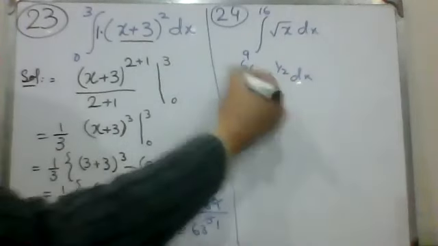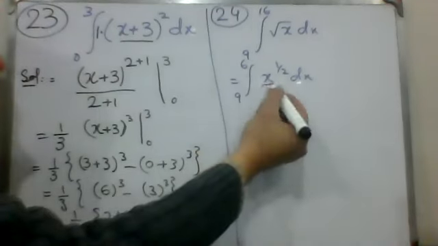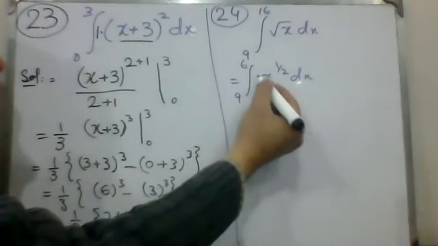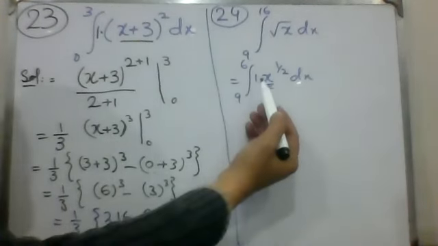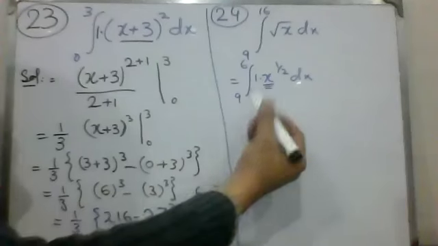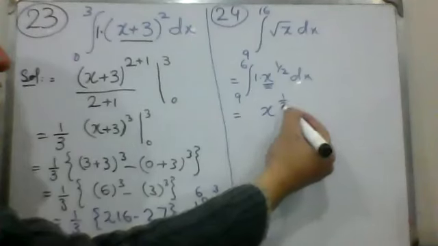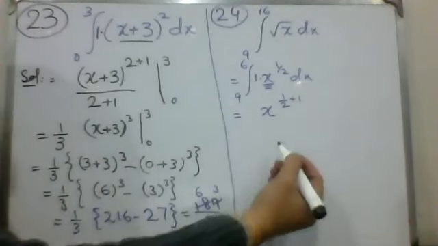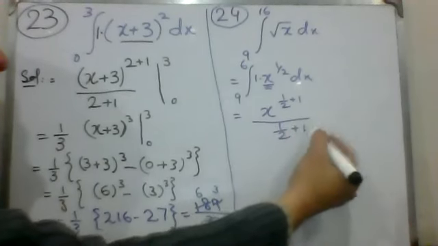We write the square root as x power 1 by 2. Here the derivative of x is what? 1. Okay, so if the derivative of the function is multiplied with that term, we simply add 1 to the power like that, x power 1 by 2 plus 1 divided by 1 by 2 plus 1.